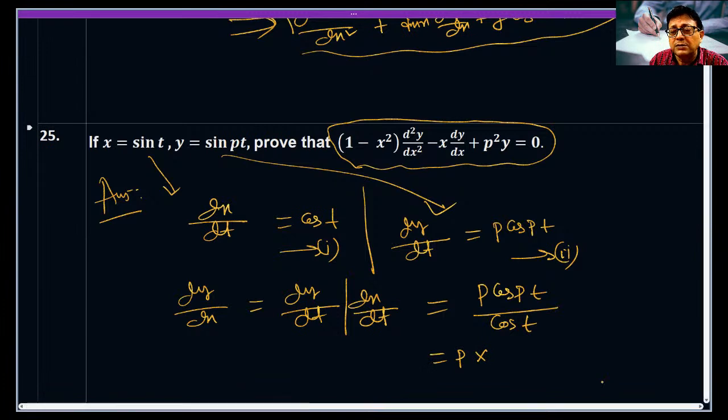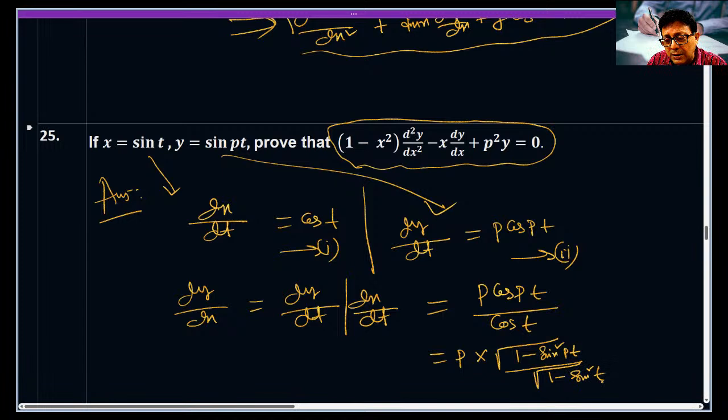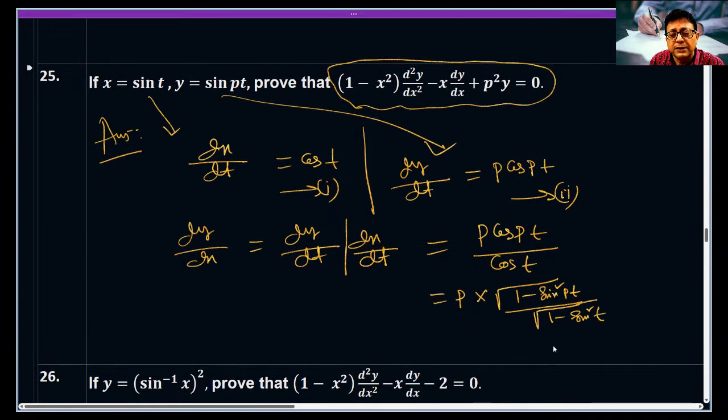Cos pt is what? Cos pt is root over... and cos t is what? Root of 1 minus sin square t.